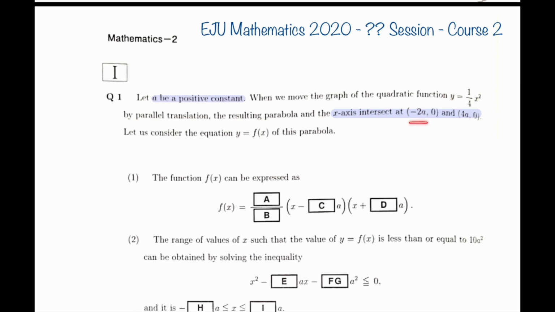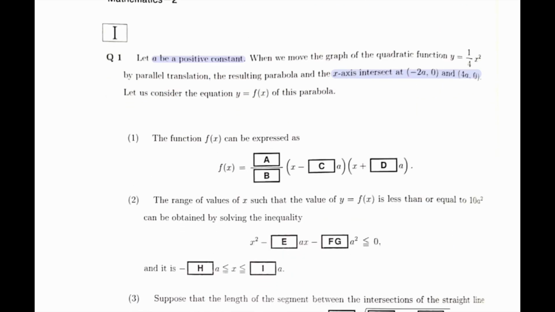From this information, I already know that if I write down my new parabola in its factorization form, it should be something like this: y equals 1 over 4 times (x minus x1) times (x minus x2), where x1 and x2 are the x-intercepts.